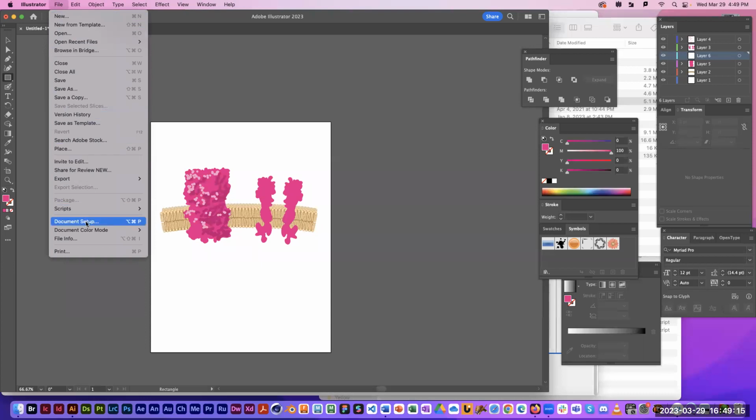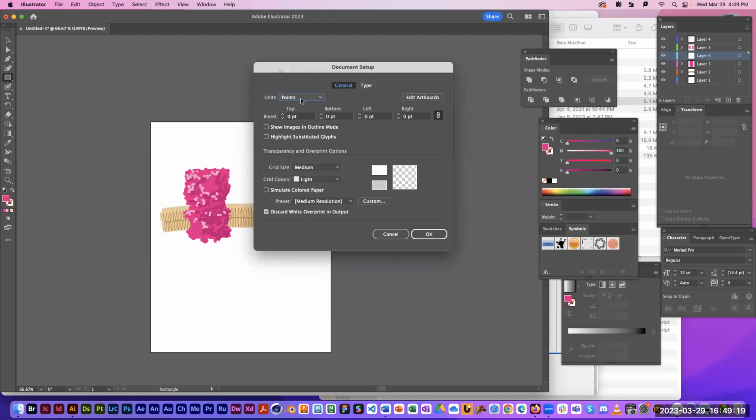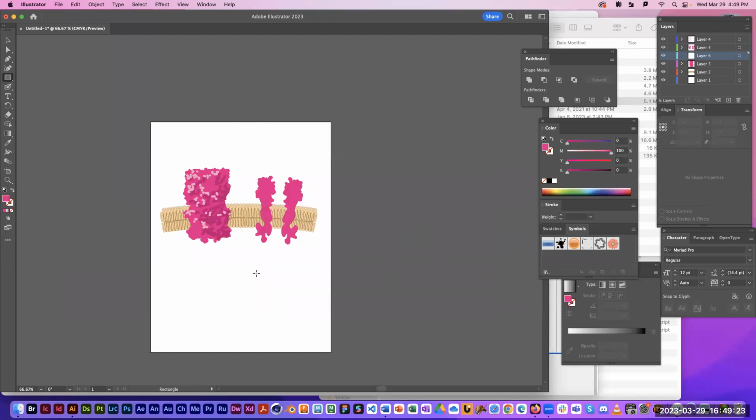I'm going to go into document setup, and the units are set to points, or I can change it from points to picas, but the entire width of this illustration, the final thing, is only going to be 20 picas in width. So I don't actually create my artboard at that size. There's no reason to create the actual document at 20 picas in size.